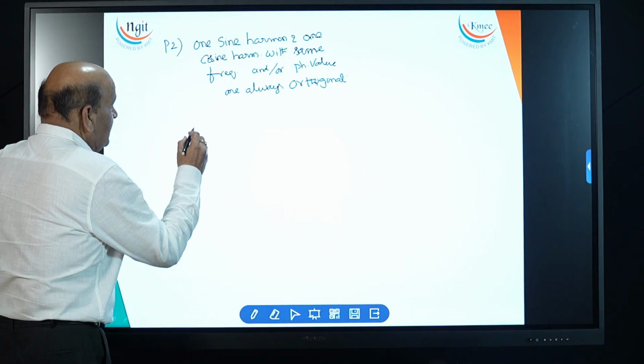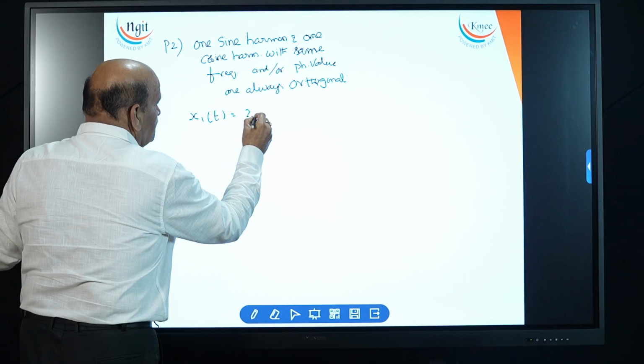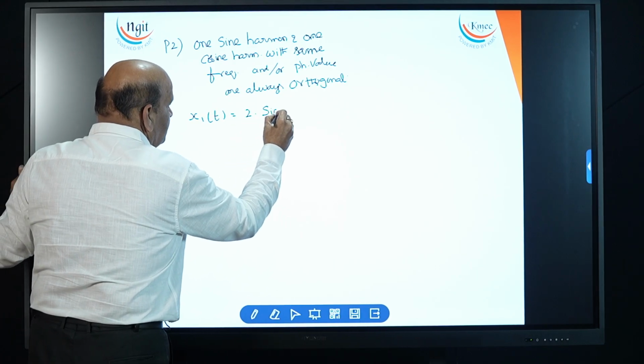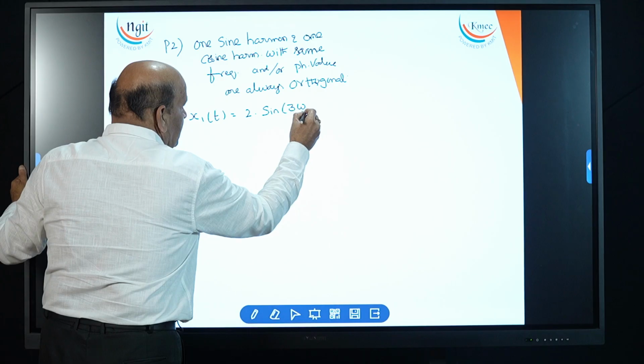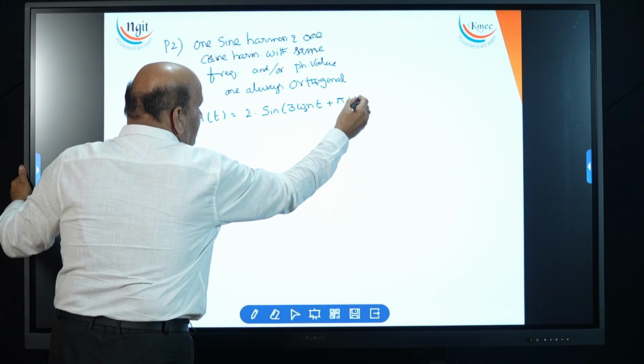For example, let us consider a signal x1 of t equal to 2 sine(3 omega naught t plus pi by 7).